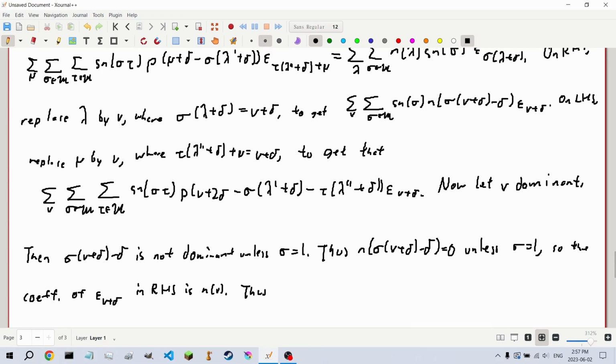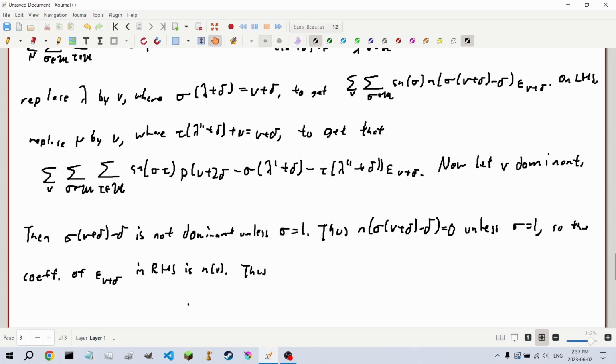Thus, we have proved, this gives us for free a theorem, which is Steinberg's. We're going to let lambda prime, lambda double prime be in lambda plus.